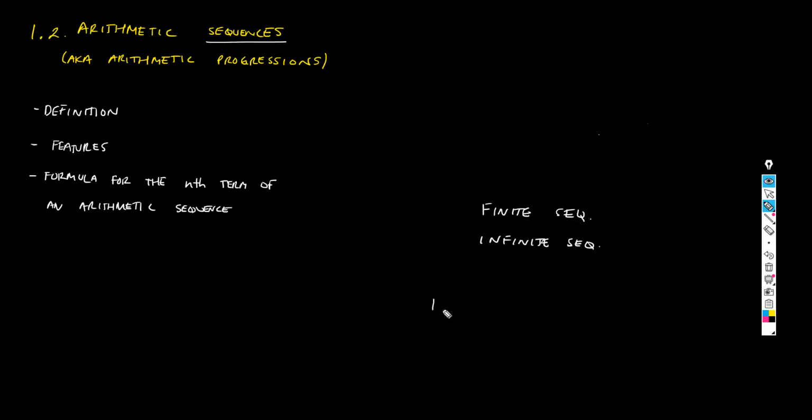For example, if I write this, 1, 4, 9, 16, and I stop. So this is a finite sequence because it only has 1, 2, 3, 4 terms, and that's it. It stops. We don't have an endless amount of terms. It just stops. So that is a finite sequence.